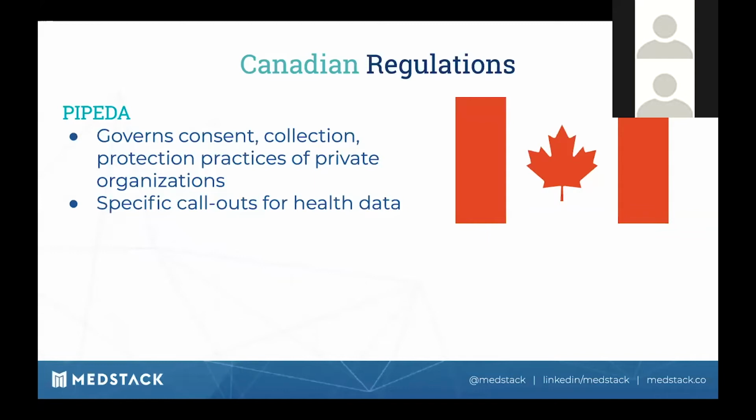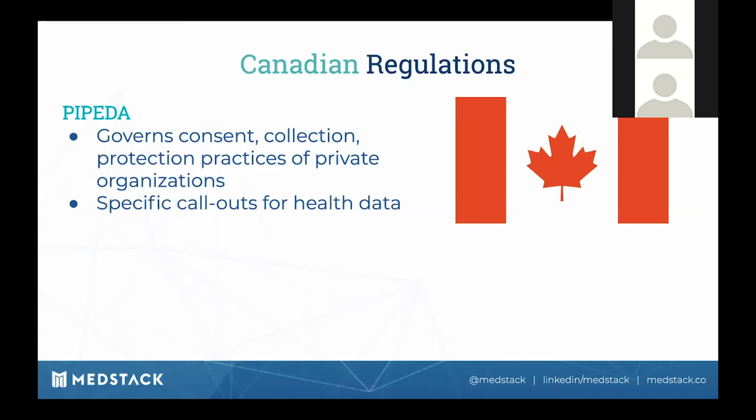Just for completion's sake, let's talk about Canada. Canada is different from the US. HIPAA is a federal law that applies across the country in the United States. In Canada, as I think a lot of people have come to learn in the past couple of months, we have a general privacy framework called PIPEDA. I don't remember what it all stands for, but the PEDA stands for Privacy and Electronic Documents Act. That's not healthcare specific, but it talks about the rights of Canadian citizens to manage their data privacy.